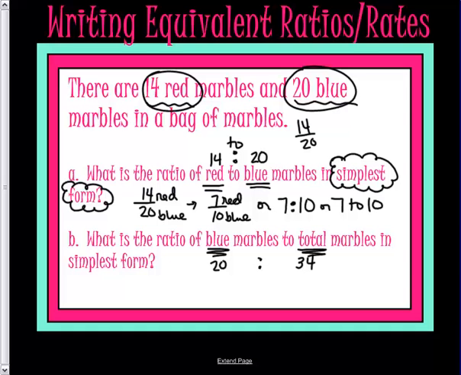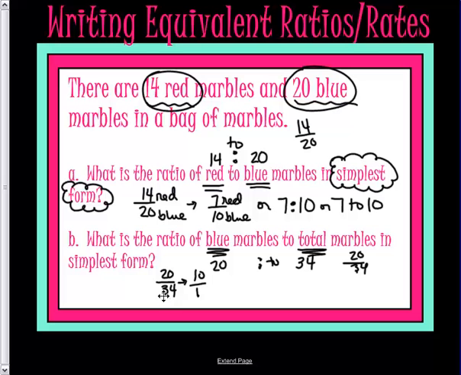I could put the colon in between. I could put a "to" in between. I could write them as a fraction. But instead, I want to know what they are simplified. So what I'm going to do here is I'm going to do 20 over 34. Okay, they're both even. Let's think about this. 34.